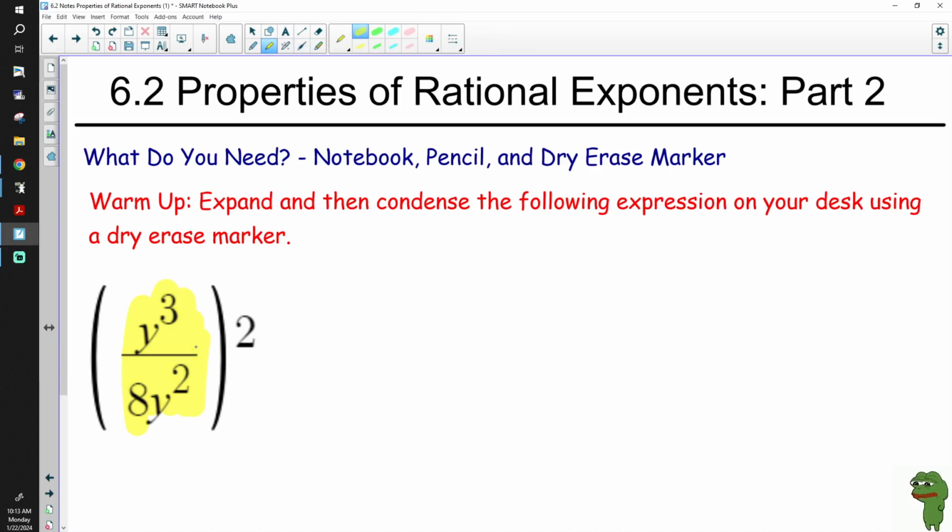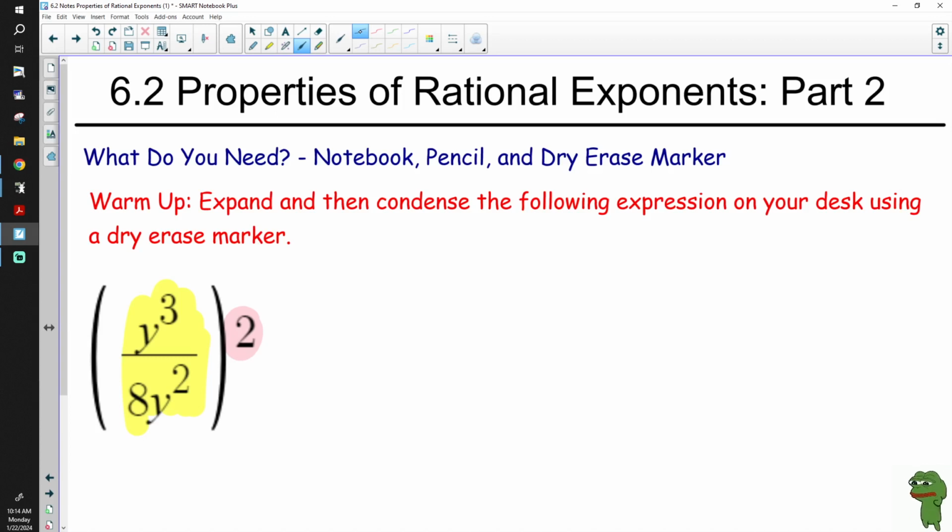All of this is being raised to what power? The second power. Which means I could rewrite this as all of this times another one of all of this, right? Just like x squared is x and x, this whole thing squared is going to be this times another one of this. That makes sense. So we're going to slowly expand it out and cancel things out.